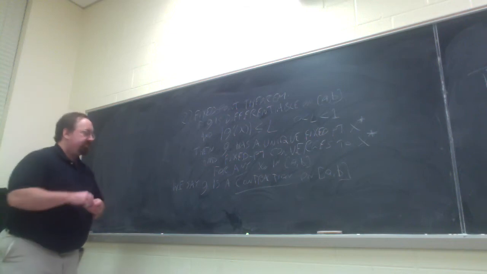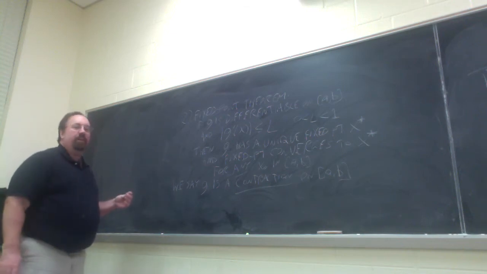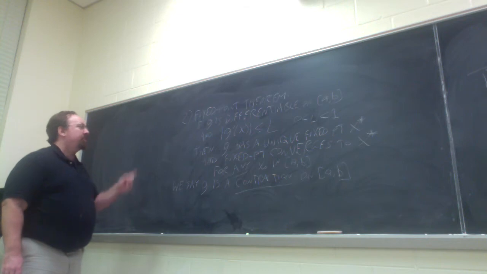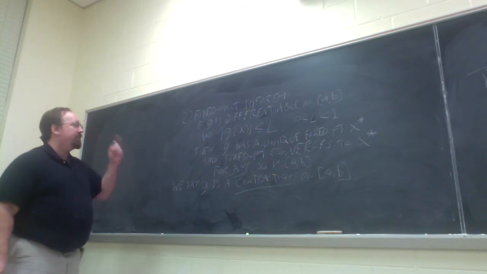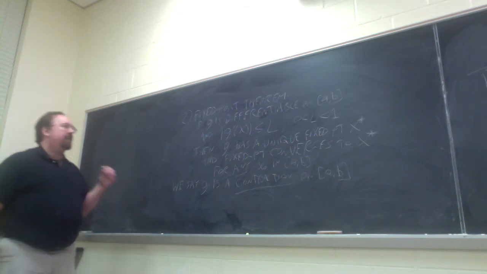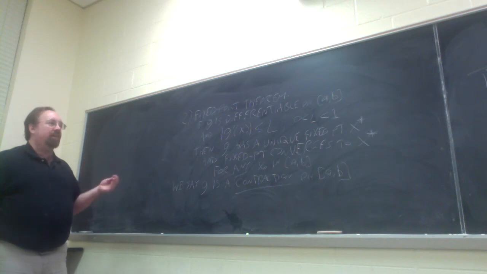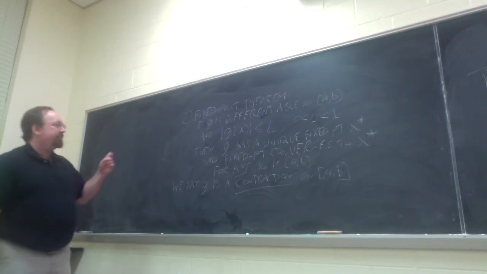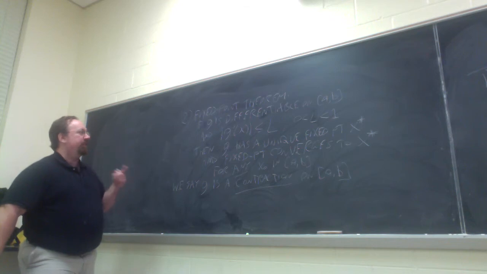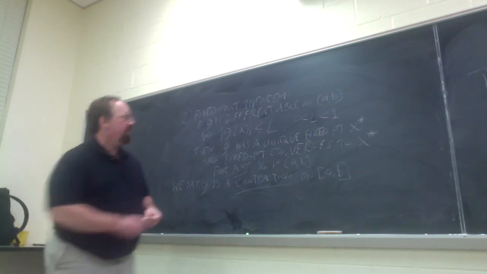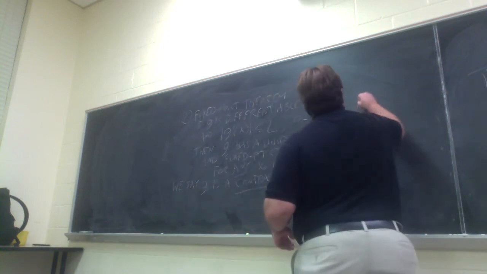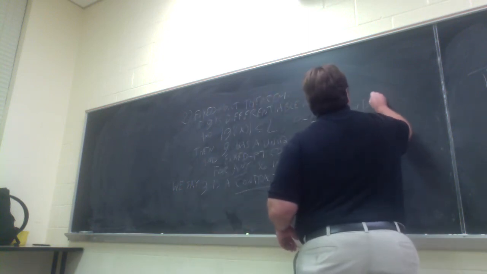Now, there's a couple points I want to make before I continue. First, notice I'm requiring here that the absolute value of G prime has to be less than or equal to some constant L, where L is less than 1. You might think that's more complicated than I needed to state. Why couldn't I say the absolute value of g prime of x is simply strictly less than 1? Okay, actually, I need to add here this needs to be true on AB.